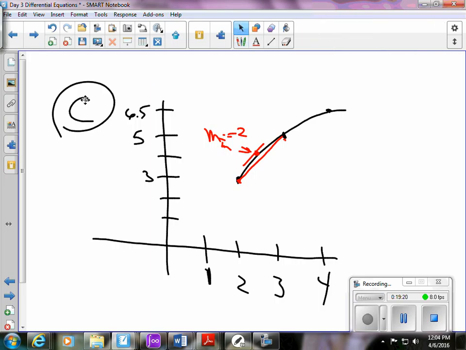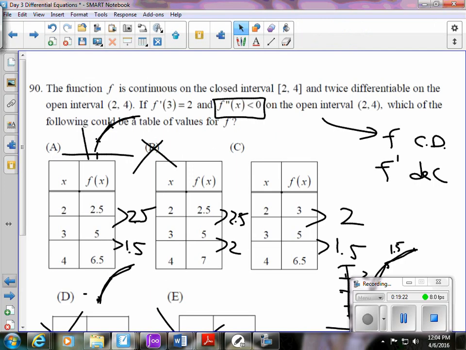So let's look back at the other two. These slopes are going between 2.5 and 2. Okay, so that means that the slope was already 2.5 for some value of x between 2 and 3. And these slopes are decreasing. Could it be 2 at 3? So we've got to look at these two cases.